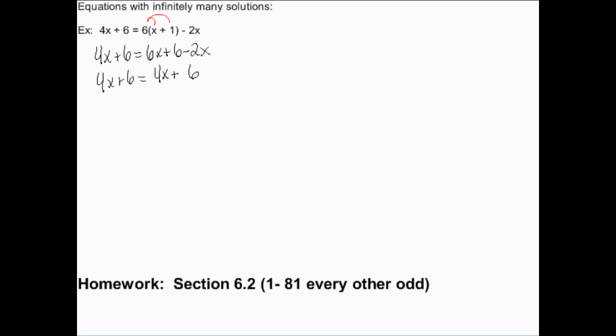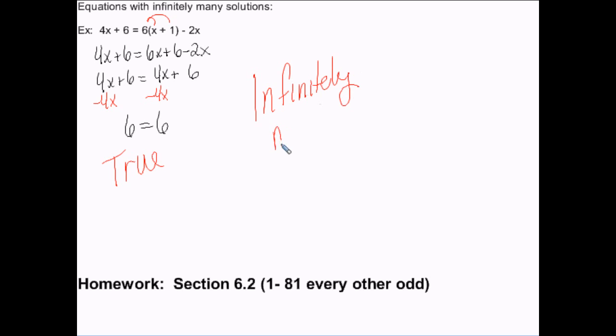But let's say I didn't notice that they matched, and I subtract 4x from both sides, and I get that 6 equals 6. Well, as a matter of fact, yes, it does. If you get a true statement, you have infinitely many solutions. You can write infinitely many solutions. You can put a big R like that for all real numbers.